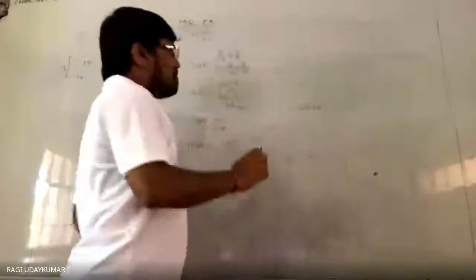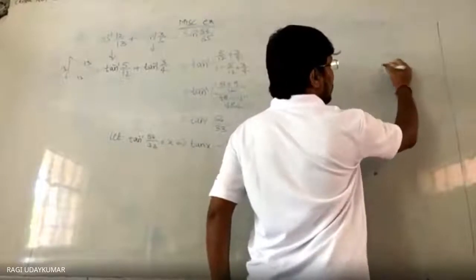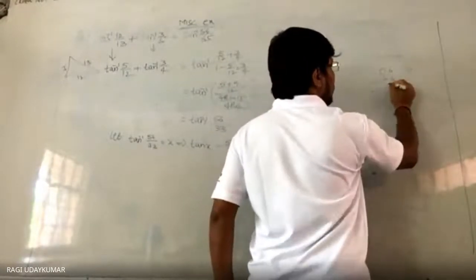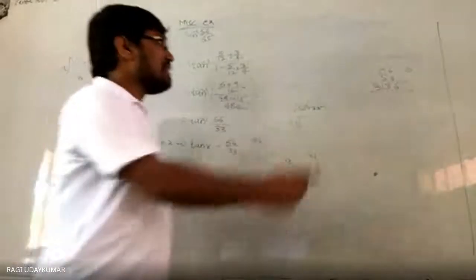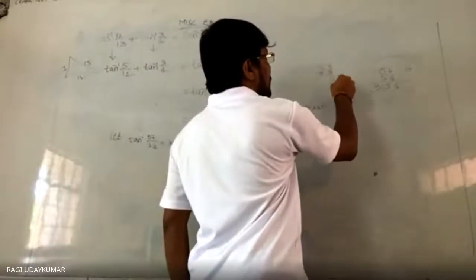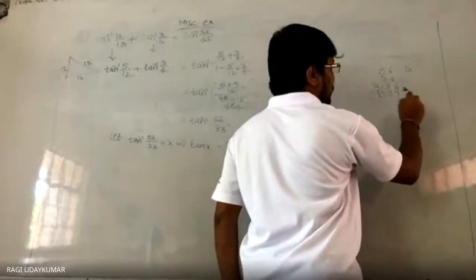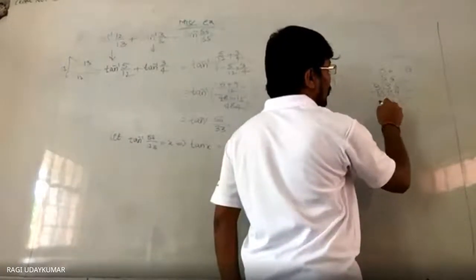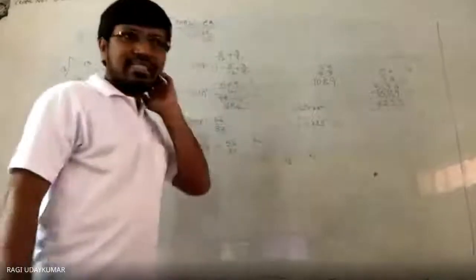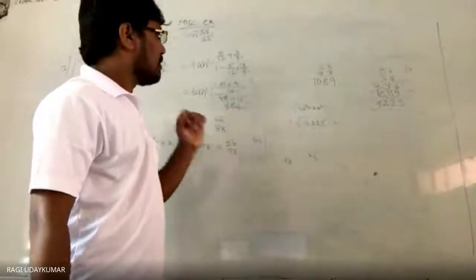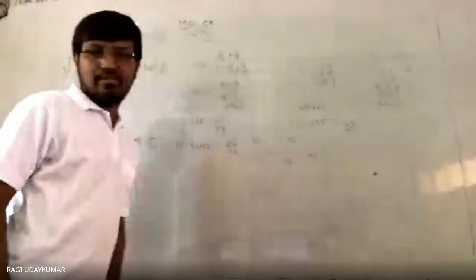So simplify both. 56 square, 56 into 56, you will get 3136. 33 square, 3 threes are 9, and so on, you get 1089. Adding, you get 4225. The square root of 4225: 6 sevens are 42, so you will get 65.